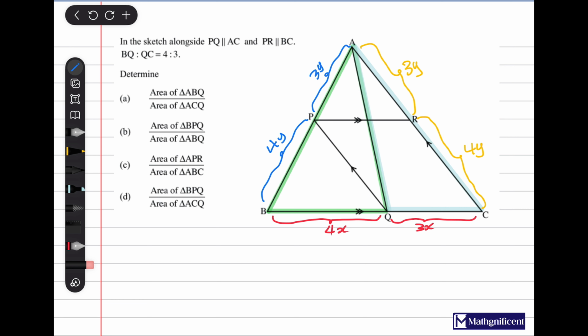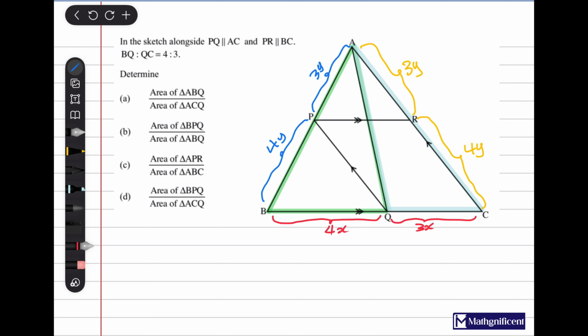Remember, guys, there are actually two ways in which you can calculate the area of a triangle. One, we know that we can use the normal area formula. The other way is to use the sine rule. So now here's what we are going to do.